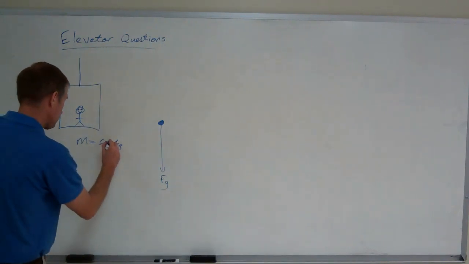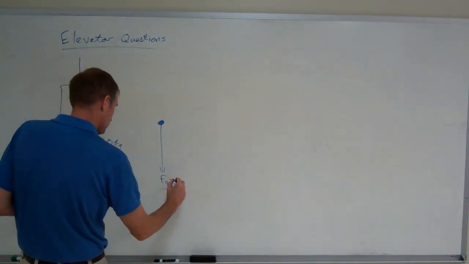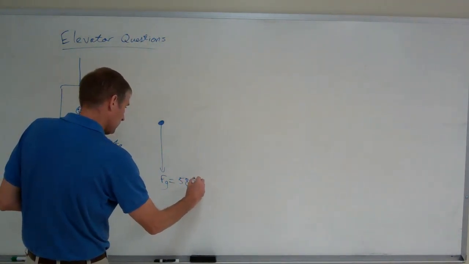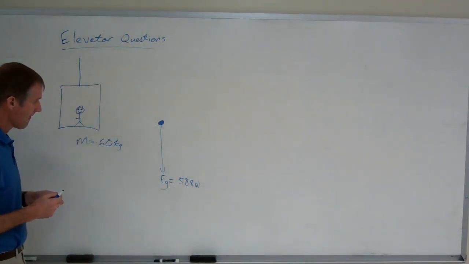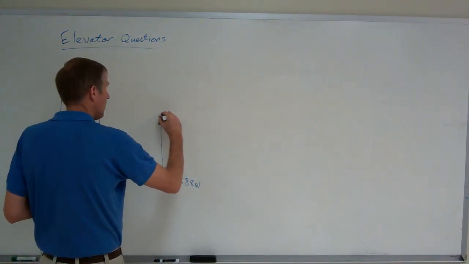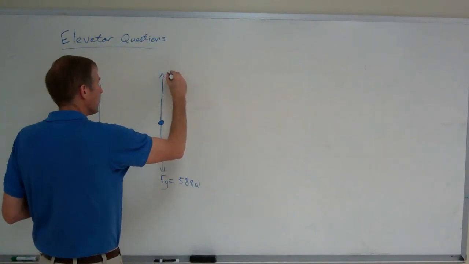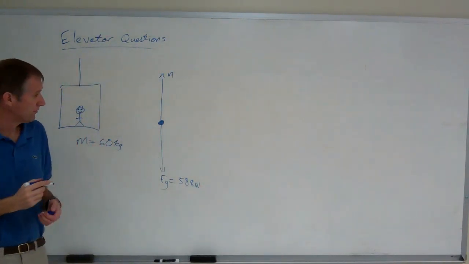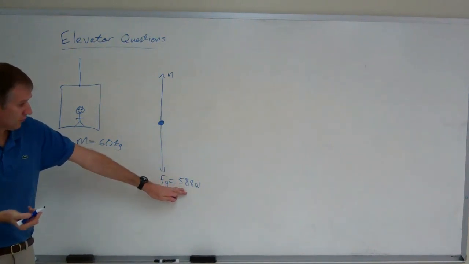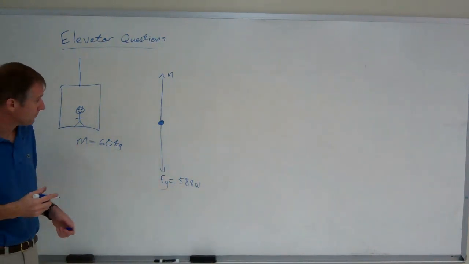So your weight is going to be 588 newtons. The normal force, which is the force of the floor up on your feet, is equal to your weight, 588 newtons.